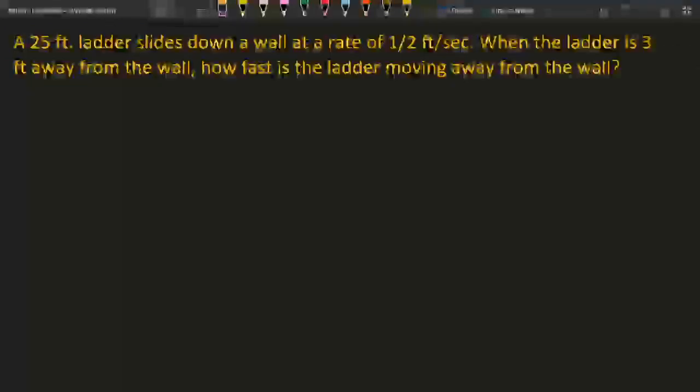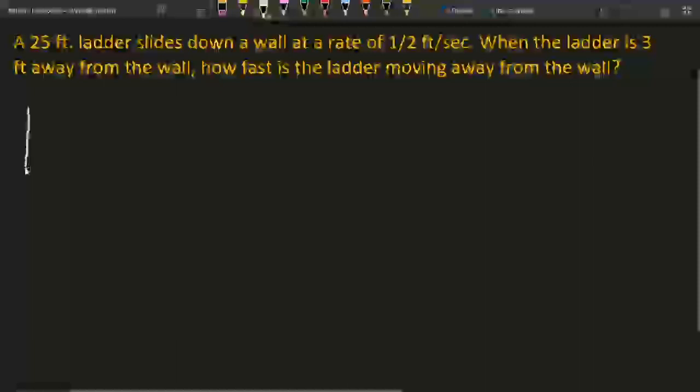Alright, so for our second example problem here, we have that a 25-foot ladder slides down a wall at a rate of 1/2 feet per second. When the ladder is 3 feet away from the wall, how fast is the ladder moving away from the wall? So, in order to visualize this, it's essentially just a wall right here.